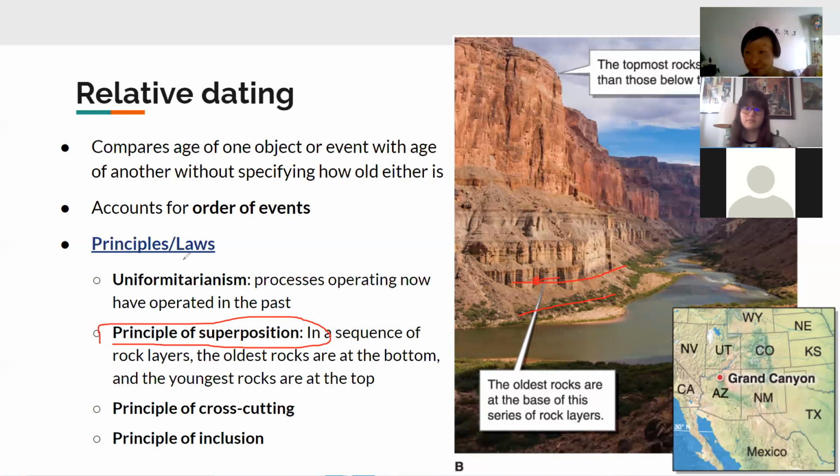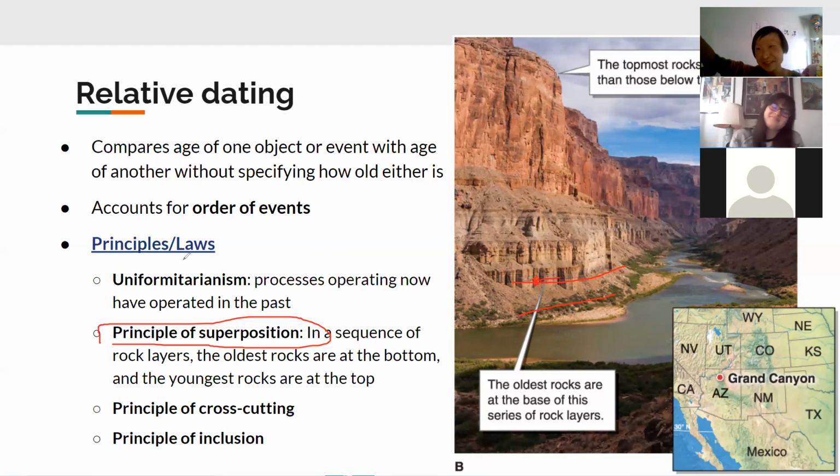Because we assume deposition is layer upon layer, layer upon layer. We never make our rock layers from the top to the bottom. We always make them from the bottom to the top, right? It's layered on top of each other, just like you make cakes.